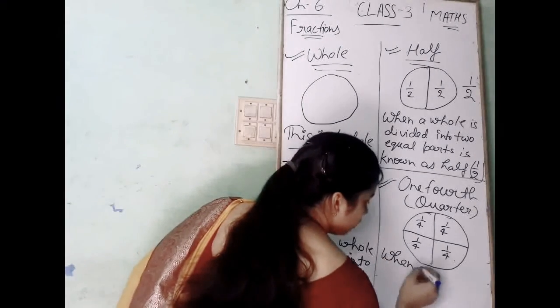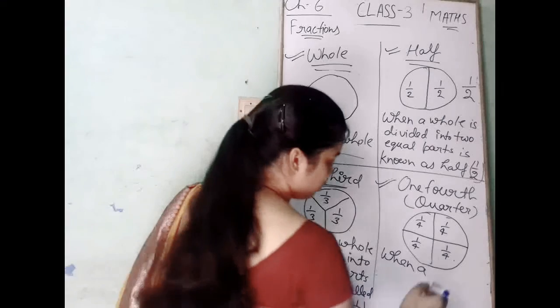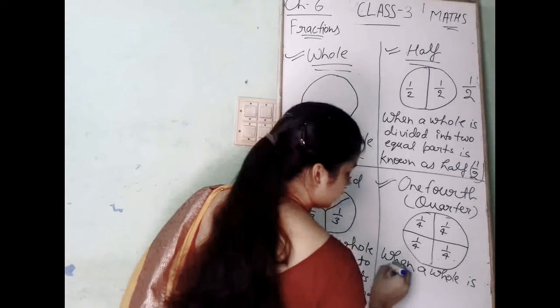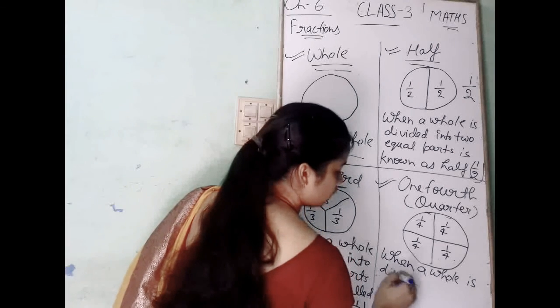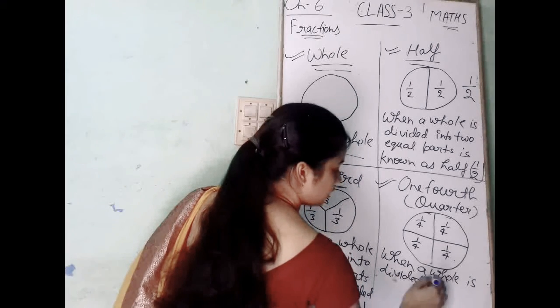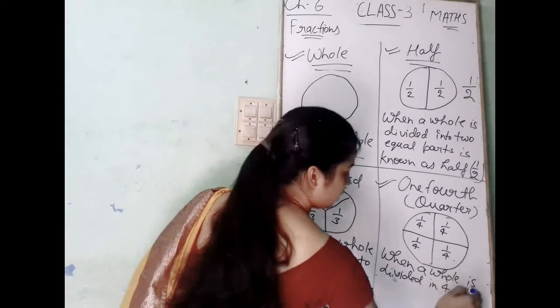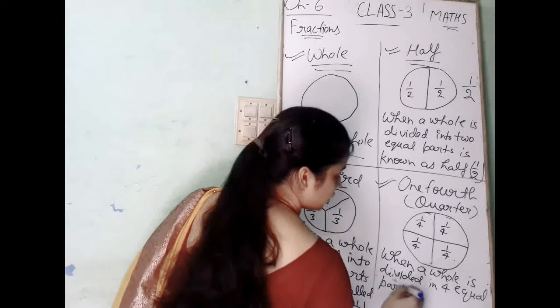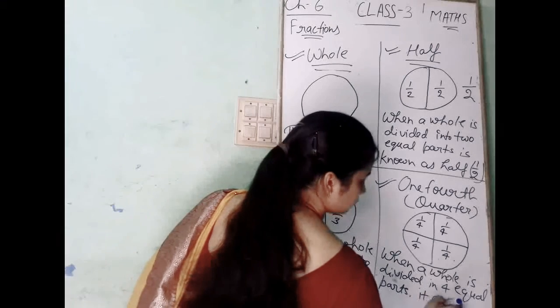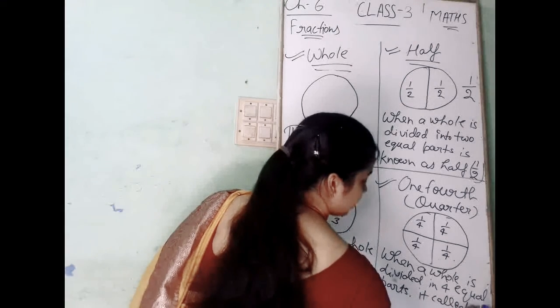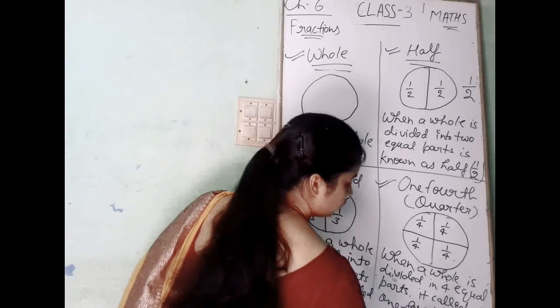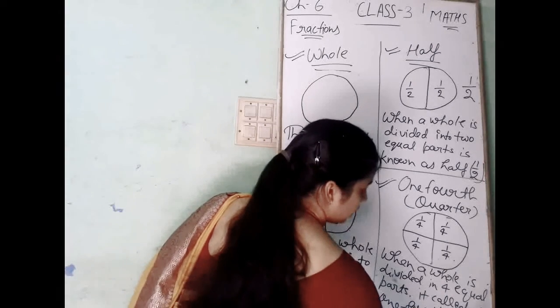When a whole is divided in 4 equal parts, it is called 1/4, as a fraction 1 by 4.